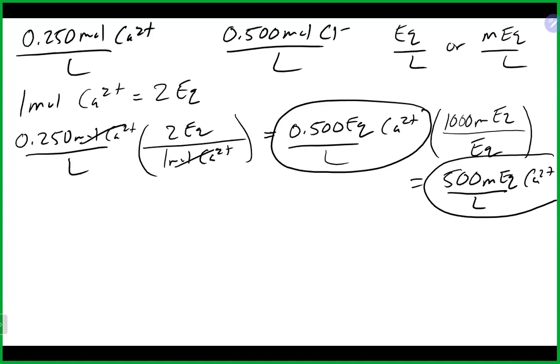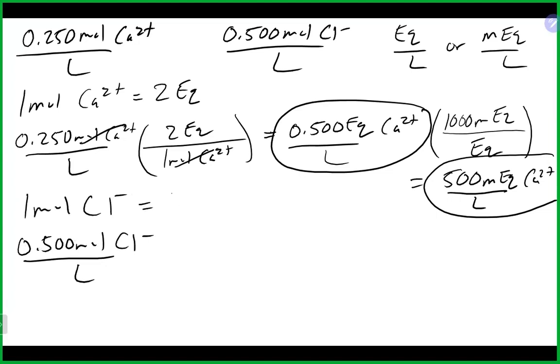Now, again, we're going to do the same thing for the negative ion in the solution. So we'll go with 0.5 moles per liter of chloride ions. And 1 mole of chloride ions, how many equivalents? 1 equivalent. So again, using that as our conversion factor, 1 equivalent per 1 mole of chloride.